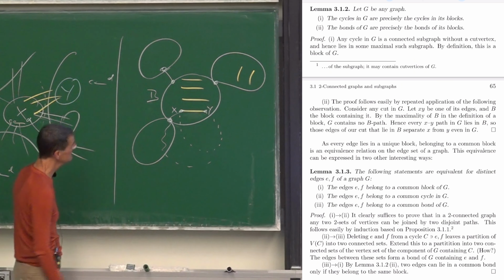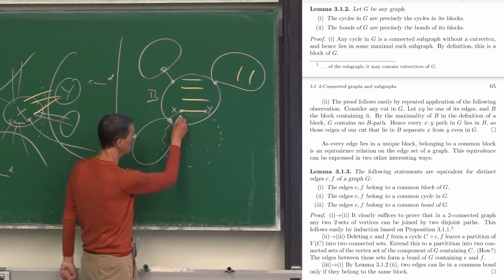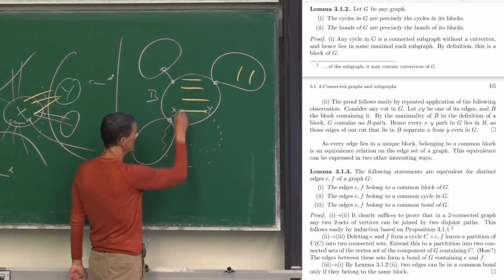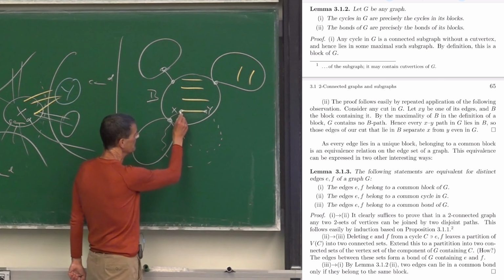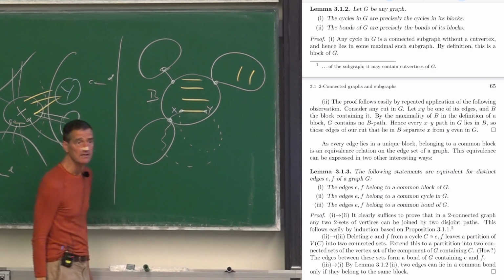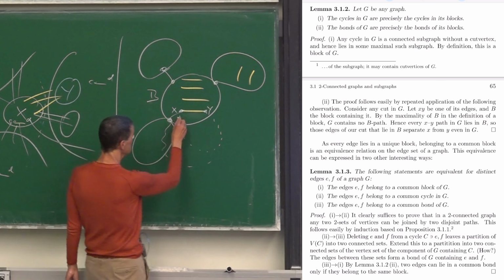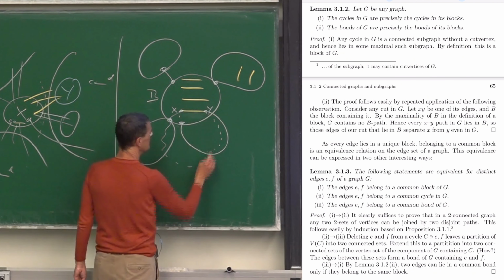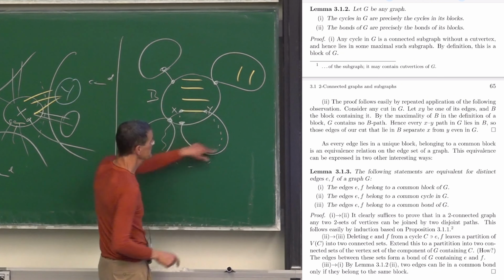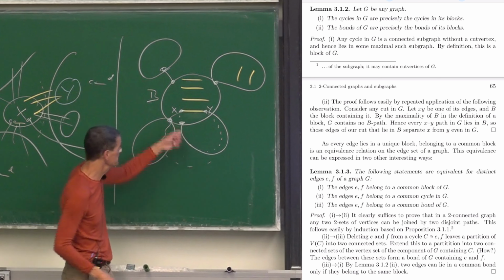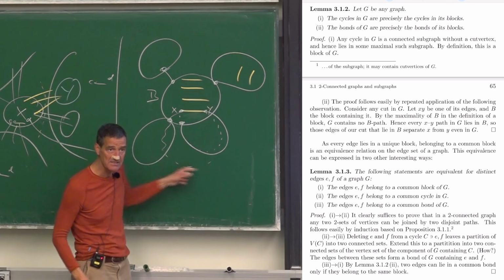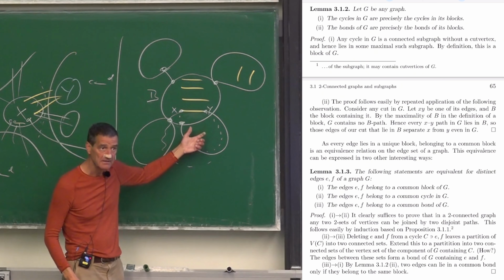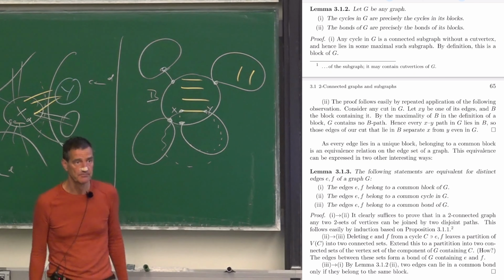But there's an easy argument, and that says that if you had a path that avoided these yellow edges, this path couldn't leave B, because then you'd have a B path somewhere in G, a path that starts in B and ends in B and is otherwise outside B. But then B wouldn't be a block, right?